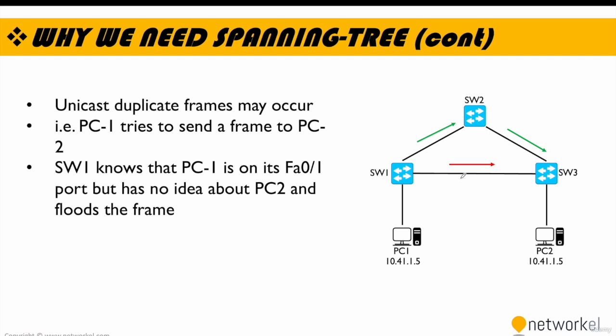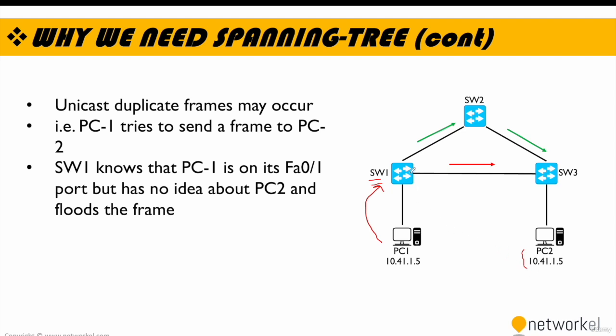The second answer is to prevent unicast duplicate frames. So for example, let's say PC1 is trying to send some packets to PC2. This packet will reach switch 1, and switch 1 has no idea where PC2 is connected, right?